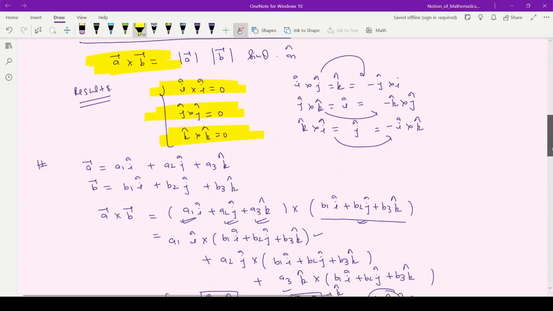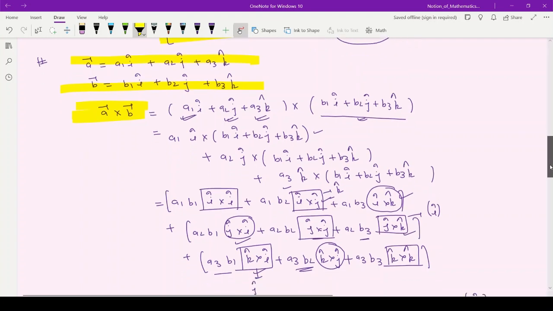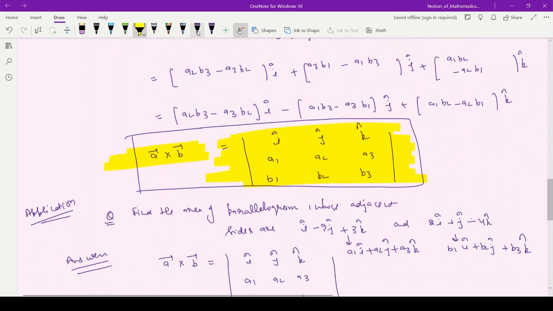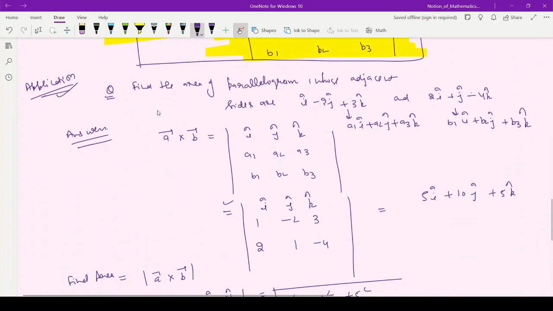Thereafter I proved the formula for A vector cross B vector by considering the values of A vector and B vector, and by this process I just proved that A vector cross B vector can be written in the form of determinant, and thereafter one application of this cross product is discussed, that is based upon area of parallelogram.